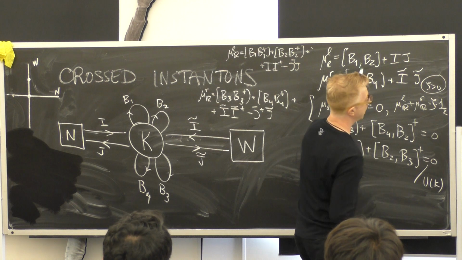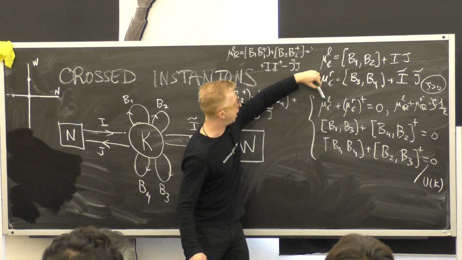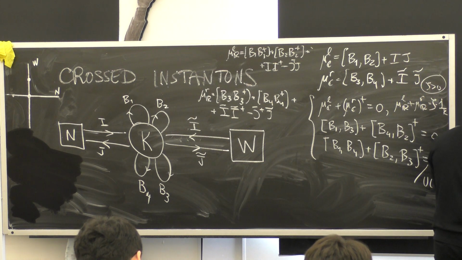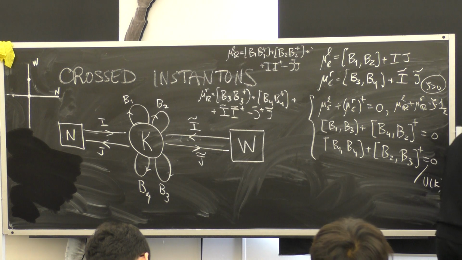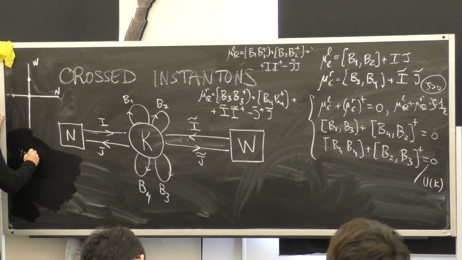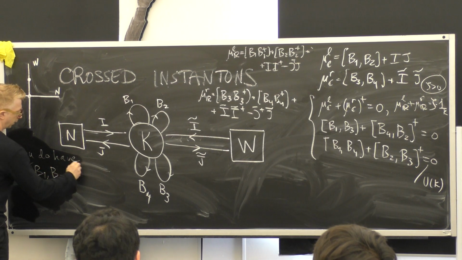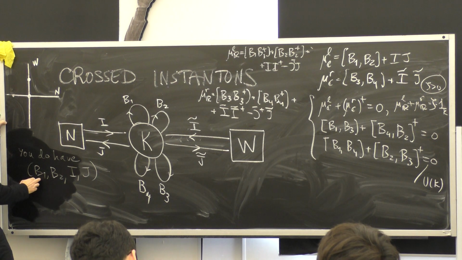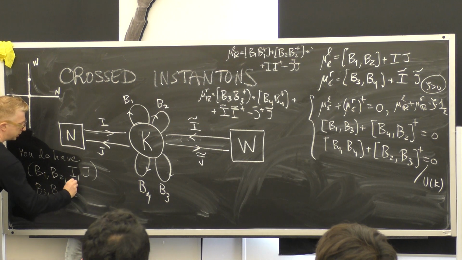So these equations, among other things, also imply that these moment maps vanish separately, mu c left and mu c right. Which means that you do have ADHM equations, except for the stability condition, for the quadruple B1, B2, I, J, and for the quadruple B3, B4, I tilde, J tilde.